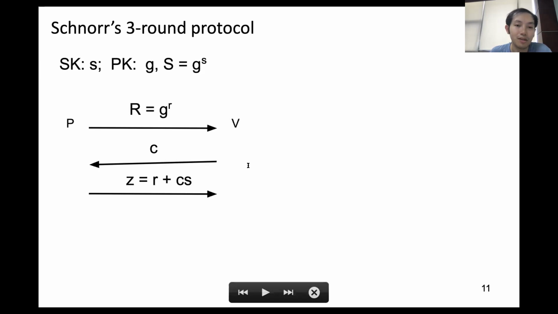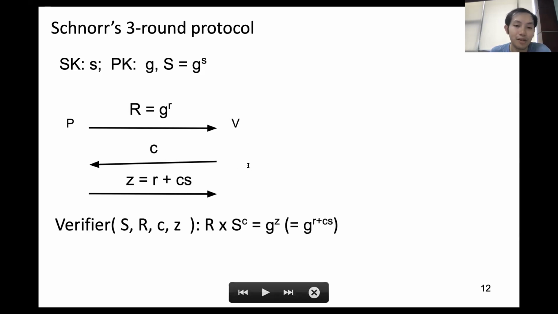And then let's see how the verifier verifies. The verifier will take the public key capital S and all the transcripts of the three-round protocol and compute R times S to the C, and check whether it equals G to the Z. And let's see why the correctness holds.